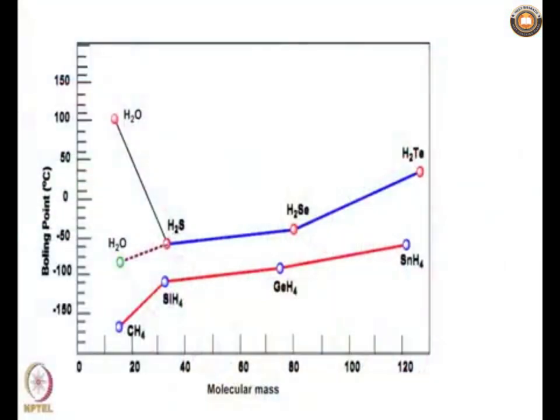As a result, all these water molecules are brought very close together to have a strong association, and breaking up these water molecules requires very high energy, and hence the boiling point of water is about 100 degrees centigrade. Without hydrogen bonding, the boiling point of water would have been around minus 100 degrees centigrade, and if that were the case, life in its present form would not have existed on this planet.